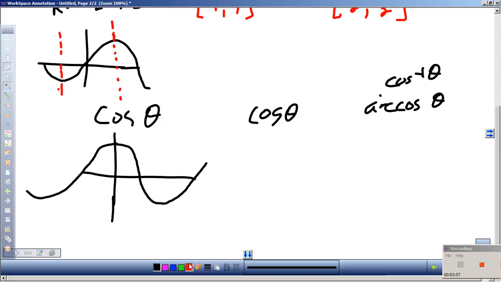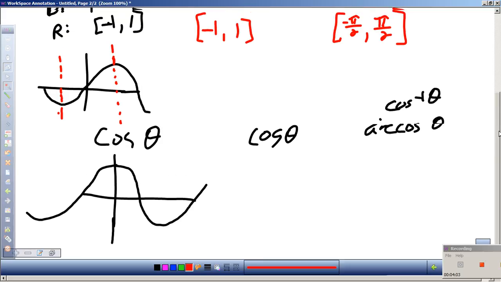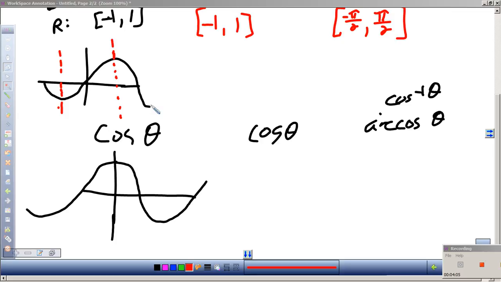So where it might be convenient to cut cosine off is the same way we cut sine. Okay, would it make sense to do -π/2 to π/2 from here to here? No, because we still want to get a function when we do the inverse. So what would be convenient?